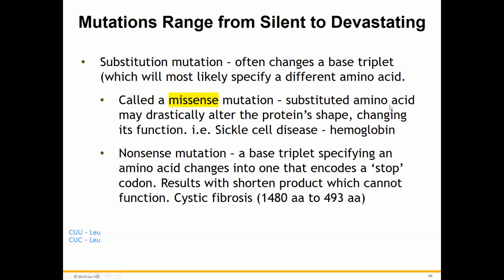If you substitute an amino acid and it drastically alters the protein shape, which would change its function, such as sickle cell, it is referred to as a missense mutation. And when you were doing your DNA activity, one of the activities was using hemoglobin in a normal gene and a hemoglobin that's been sickled.